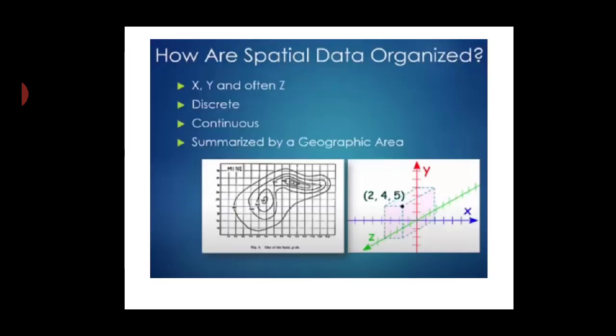Now these spatial data are organized by different methods. One is the raster model and the other is the vector model. In terms of the vector model, they are collected as two-dimensional features.